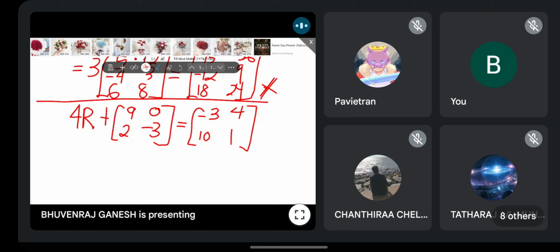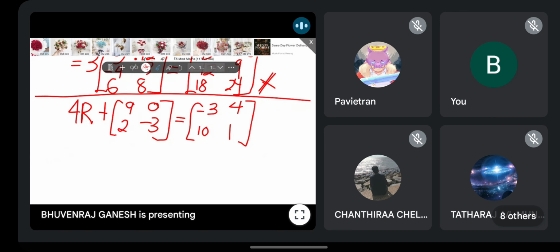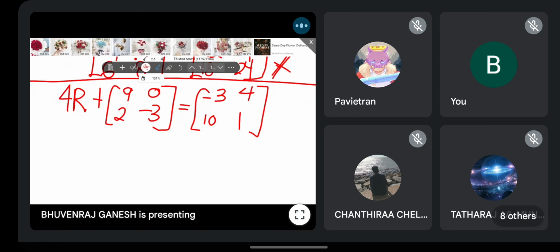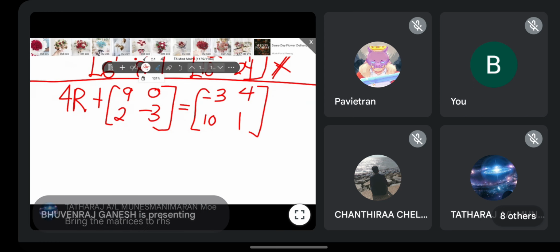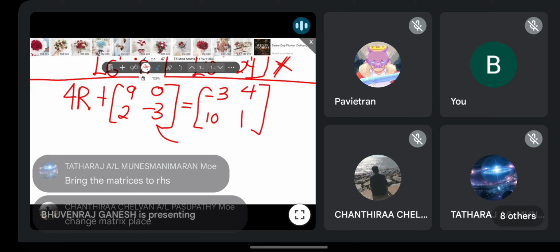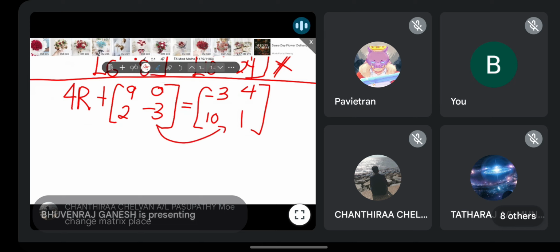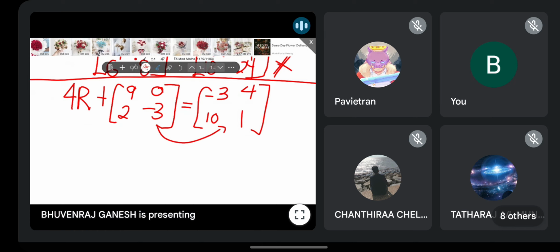First step, what do we do? If you're given a problem like this in the exam, what will you do? Yes, okay. You can bring the left hand side matrix to the right hand side. It's the easier method. You just shift from left to right.